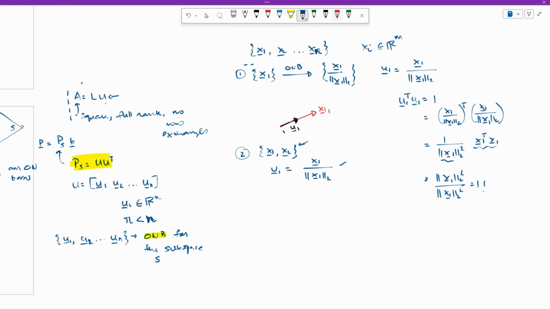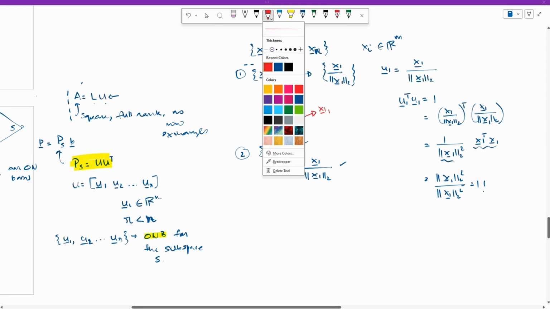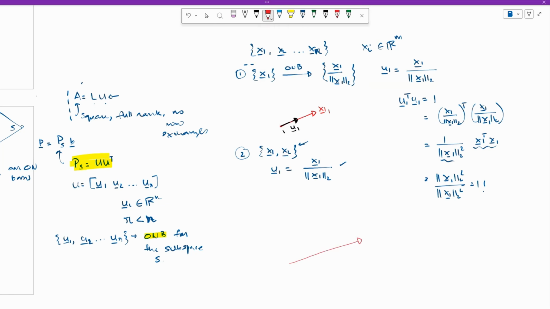Let's say the two vectors were like this. This is X1, this is X2.